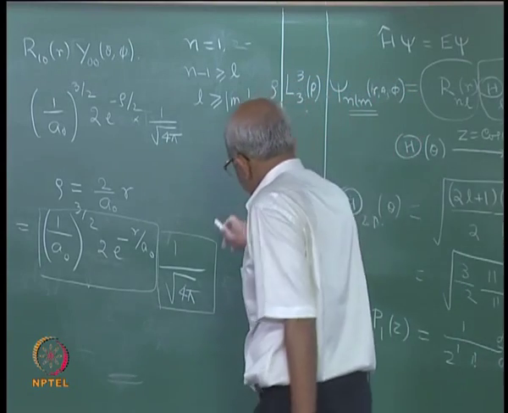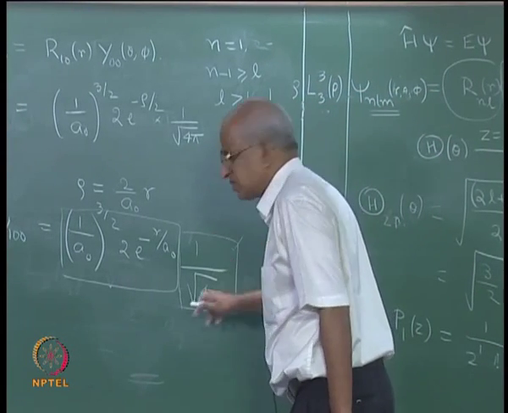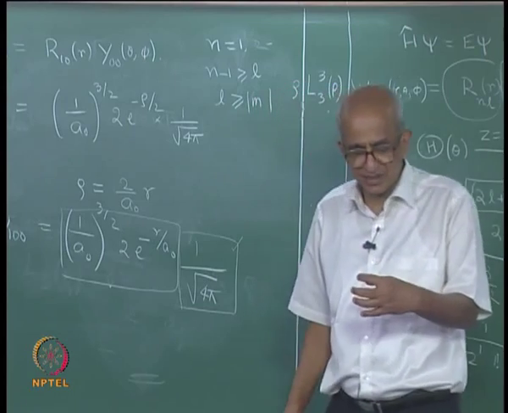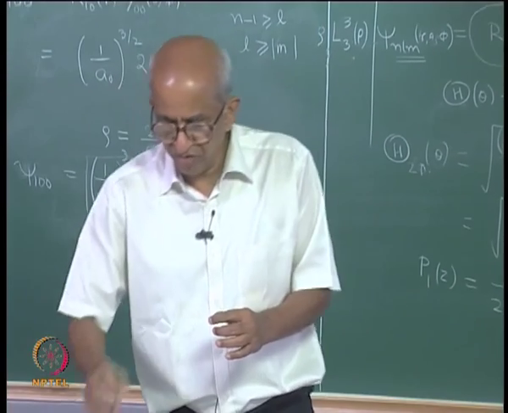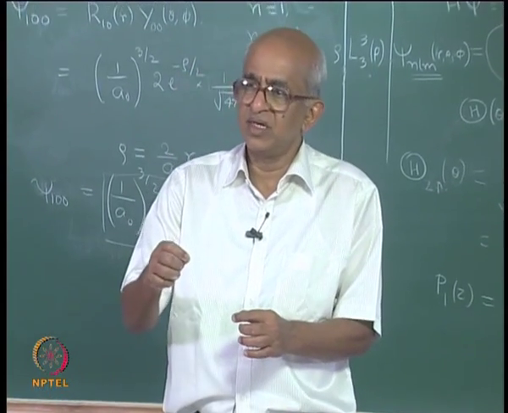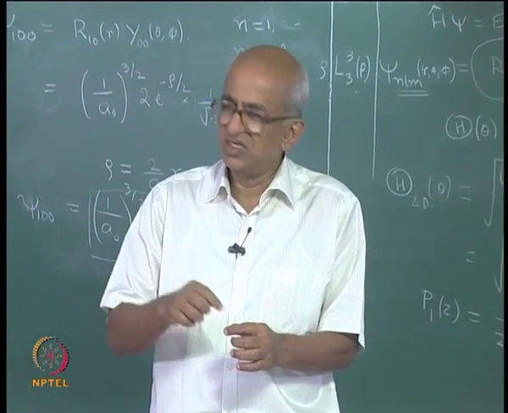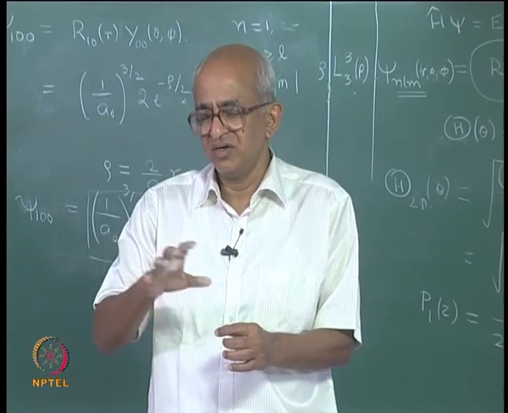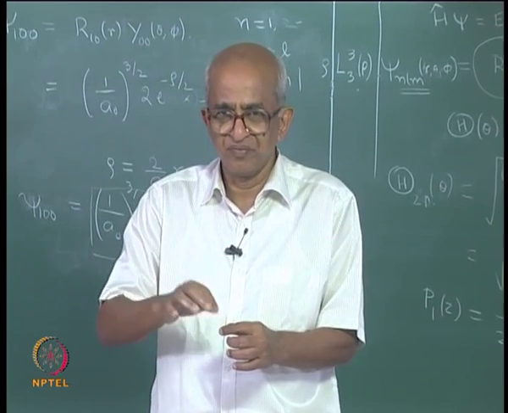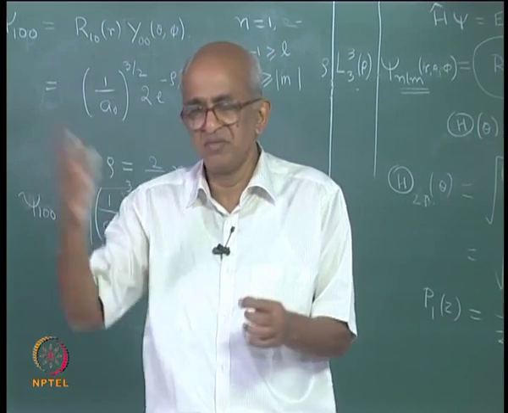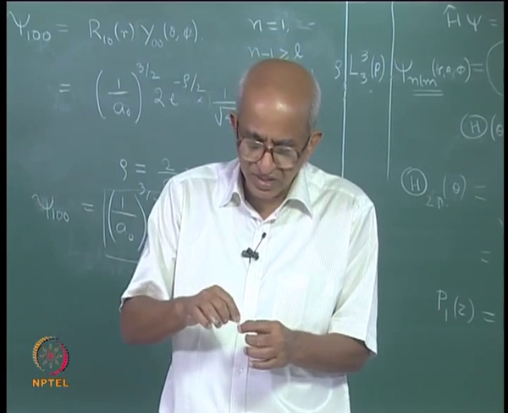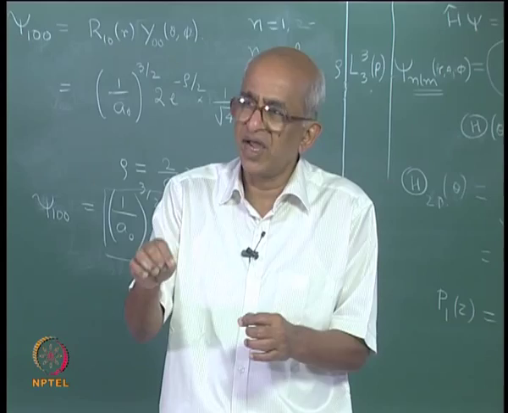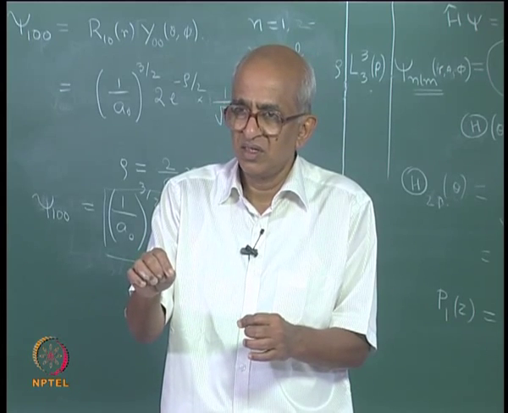Now, you look at the angular part, it is just a constant. This means that if I had the nucleus here and I think of a point somewhere here, let us say distance is 5 atomic units, sorry 5 A0, right, or maybe let me make it a little bit simpler by saying that the distance of the point is 5 angstroms, right.